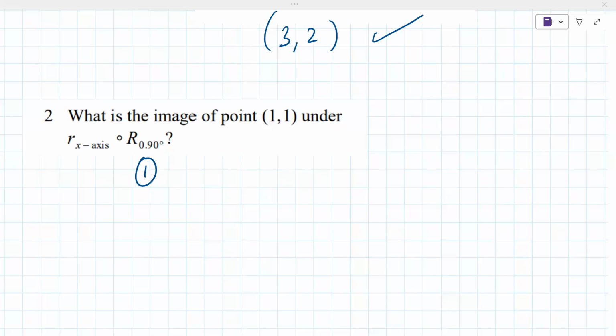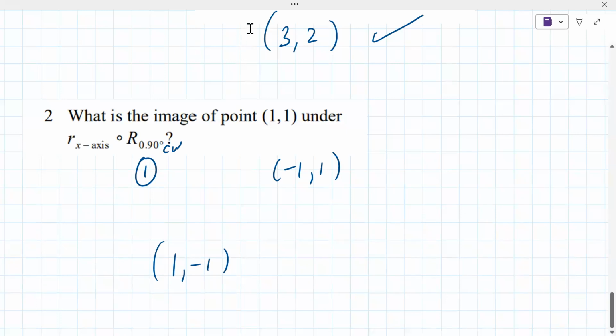I've got -1, 1. Like that? Yep. Okay. So the 90 degree, I don't know why there's a point there. Anyway, let's just assume that's clockwise. The first one should become 1, -1.